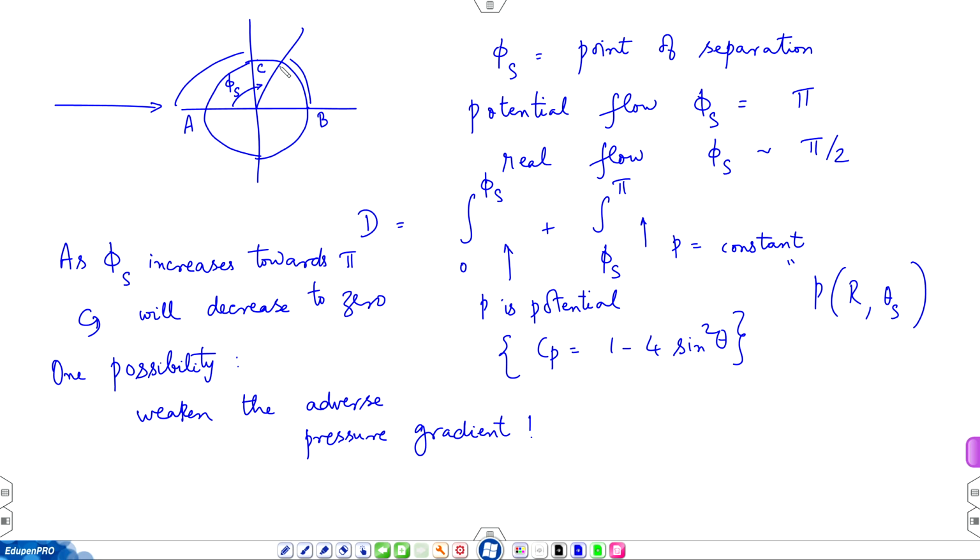You have low pressure, high pressure. If it happens over a short distance, the gradient is large. If it happens over a longer distance, the gradient is weaker. So, this is also called the process of streamlining.